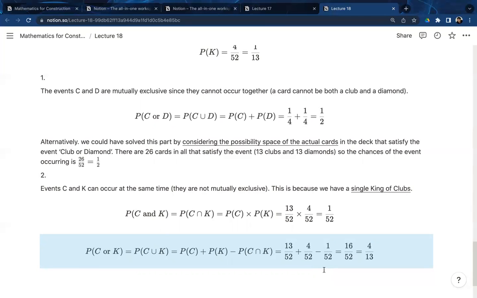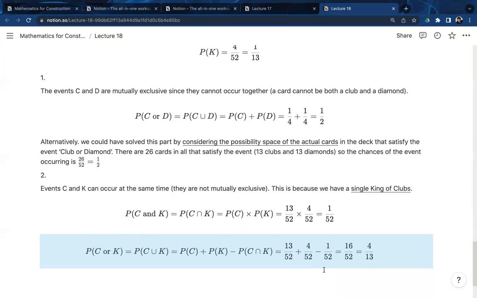So that's really 13 and 3, which is 16. By considering the possibility space, you could write down 13 clubs. One of them is a king already. So you just add the other 3 kings to that and you get 16. Those are your chances for king or club for winning that bet.